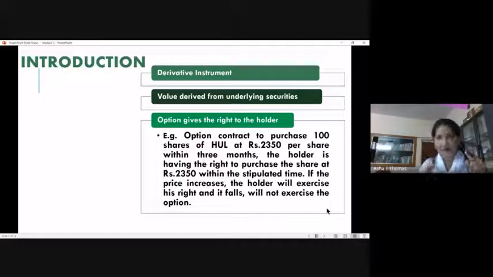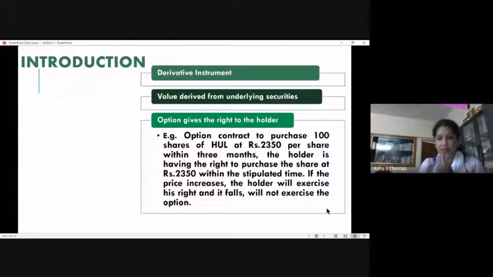You bought the right to sell the asset at a particular price, which means it is long position put option. So this is the background. In both cases, when you buy a right, it is called long position. When you sell a right, it is called short position.